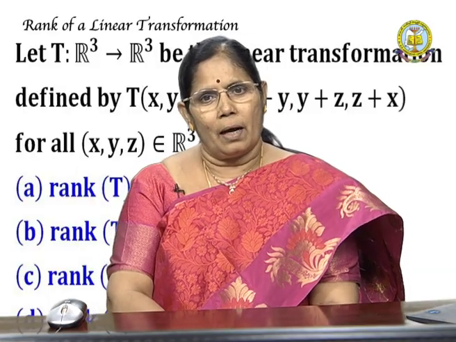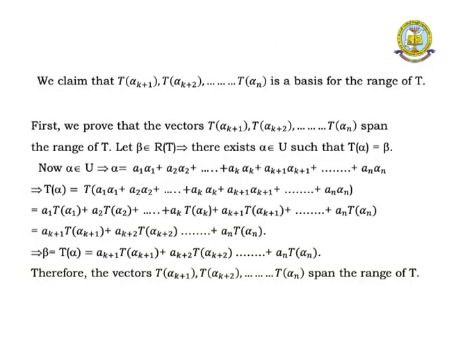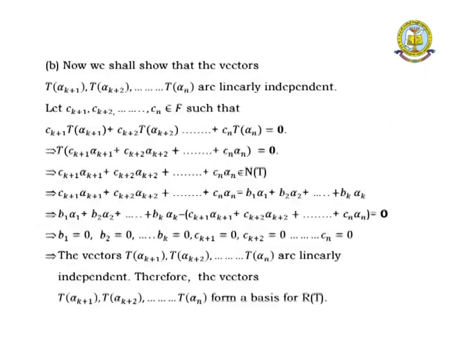So, whenever alpha 1, alpha 2, etc., alpha n are in U, then their T images, T of alpha 1, T of alpha 2, etc., T of alpha k, T of alpha k plus 1 and so on, T of alpha n, these are all elements in range of T. At the same time, alpha 1, alpha 2, etc., alpha k are elements of null space.